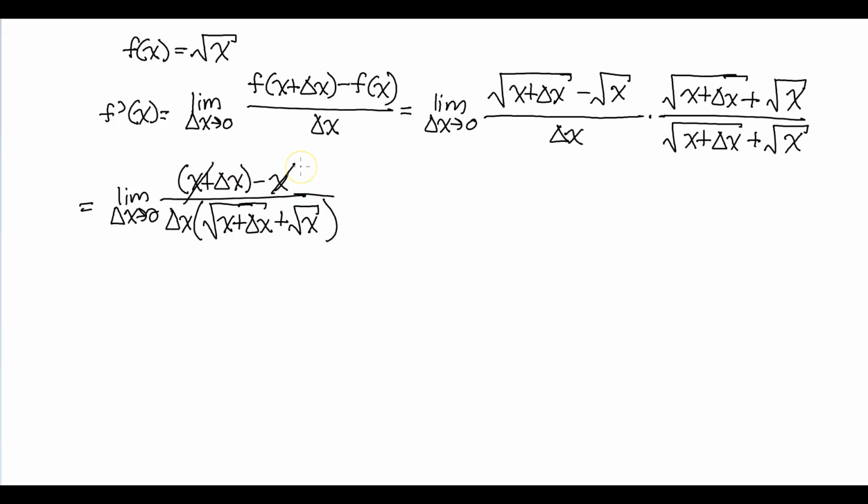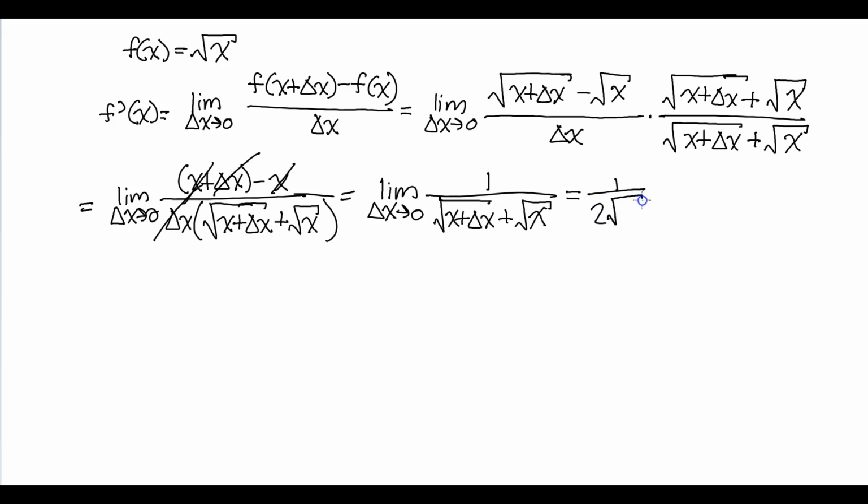You just subtract, and now we only have a delta x on the top, we have a delta x on the bottom, cancel, cancel. Which means you can now evaluate our limit. We don't have that delta x on the bottom becoming 0 and ruining everything. So we have 1 over the square root of x plus delta x plus the square root of x. Through direct evaluation, you get 1 over the square root of x plus the square root of x, or 1 over 2 square roots of x.